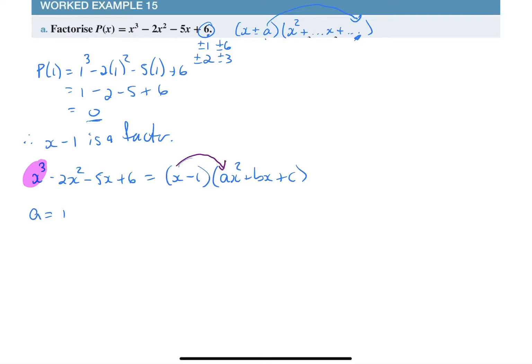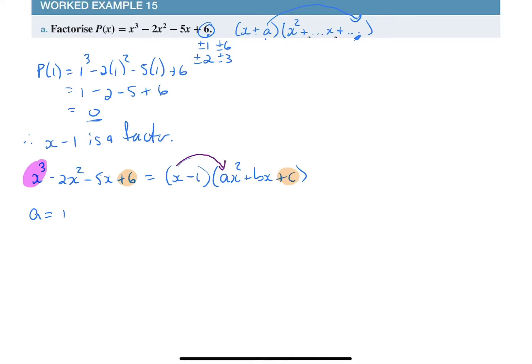The other one that I can get immediately is the last one, the plus 6, which we can find by looking at c.